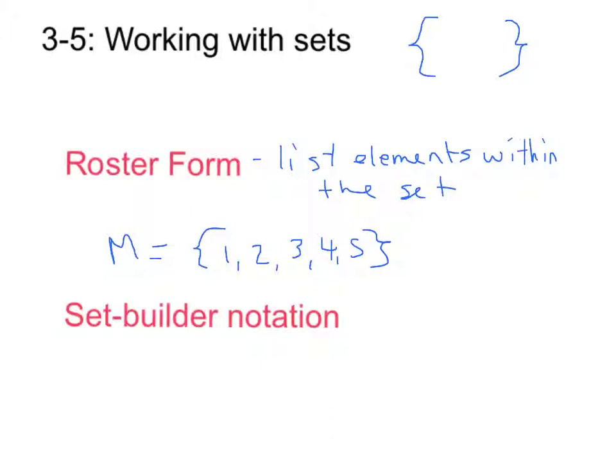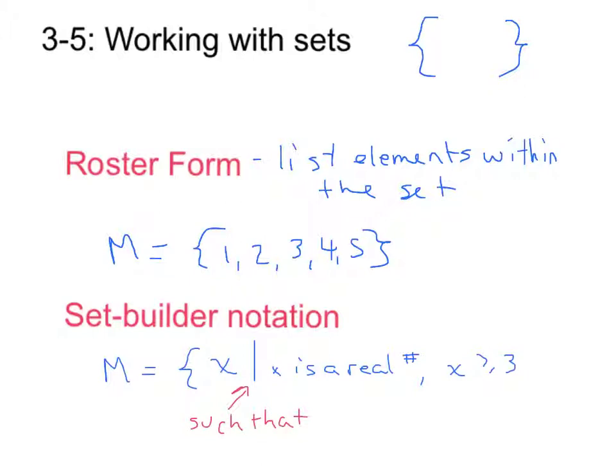So what we always do is say, okay, the set M is going to equal a value of X such that, this little line here means such that, and we say that X is a natural number, or X is a real number, and that X is, say, greater than or equal to 3. So it's a little bit more cumbersome.